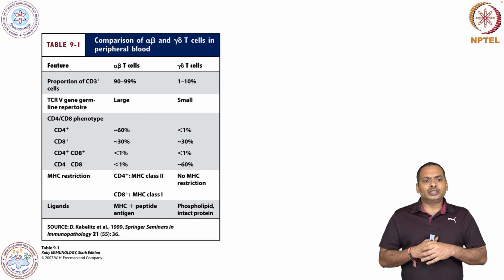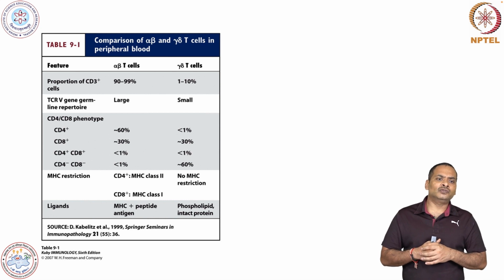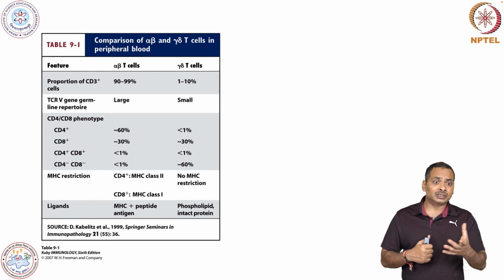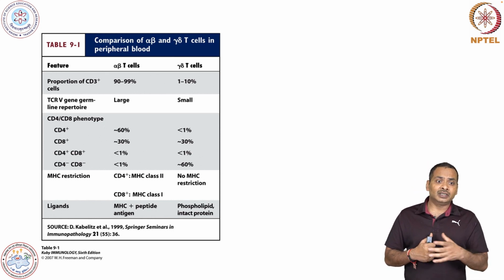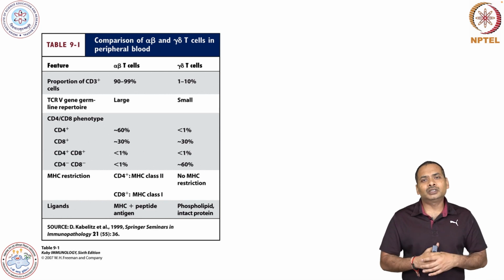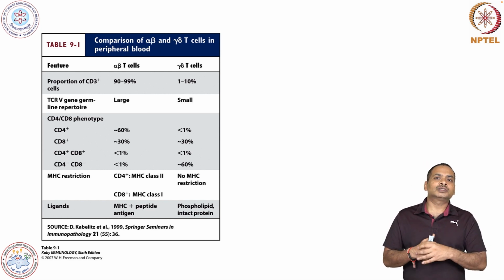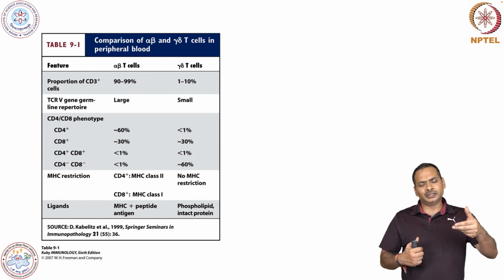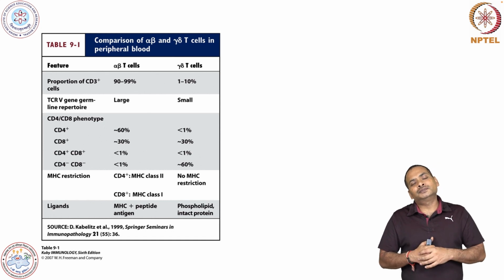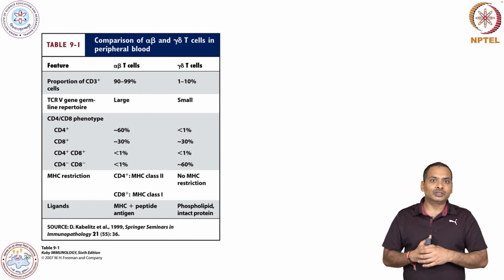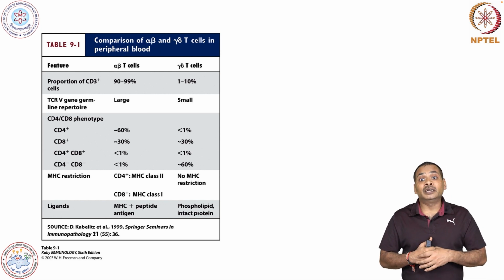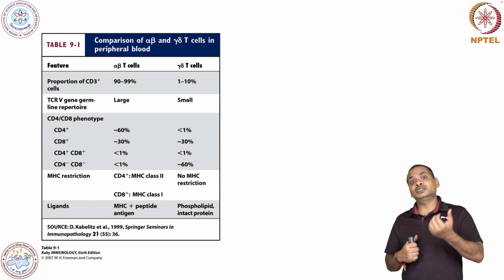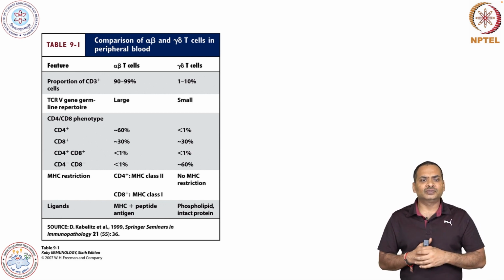CD4, CD8 phenotype. In alpha beta, the CD4 marker is predominant, about 60%, and CD8 is less, about 30%. There are some CD4, CD8 double positive cells during the development process. There are also some double negative cells which have neither CD4 nor CD8, but their percentage is very low.